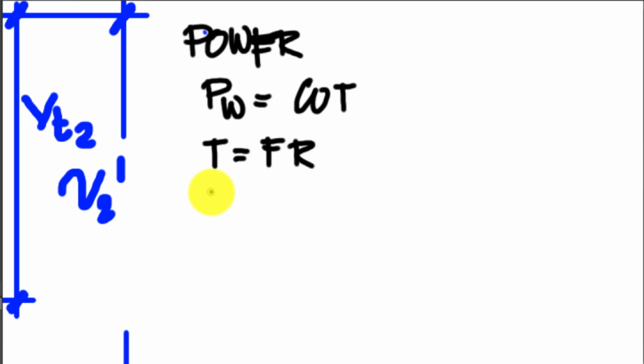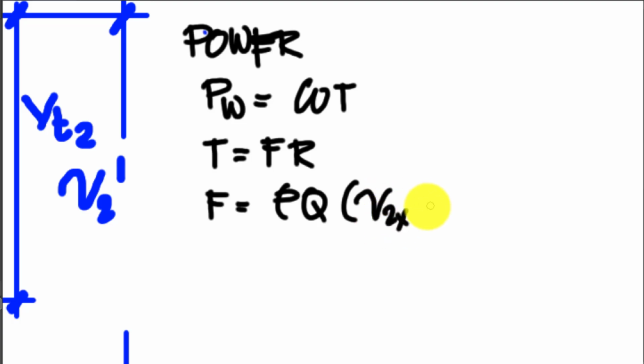Now the force, again, is equal to your density, volume flow rate, and from the previous lecture, the change in velocity. So there will be velocity 2x, and your velocity 1x. So the change in velocity.